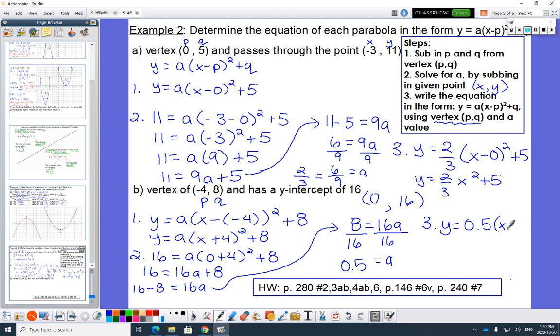No worries. Sorry, my plus 8 got cut off there. It's bad math form. You shouldn't leave it like this either. Okay, change that to a plus. Again, your nice grade 10 teacher might not care, but your grade 11 teacher will, okay?